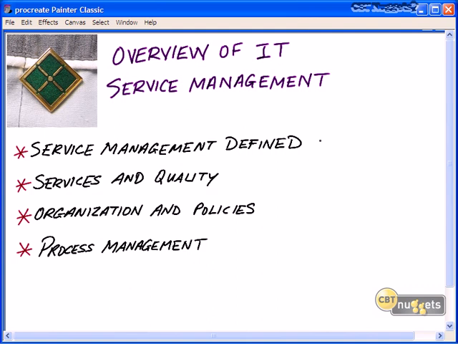And quality management and process control are going to make up a huge chunk of the organization and its policies. ITIL is the best known approach to IT service management. And in this nugget, we defined service management, we looked at services and quality, organization and policies, and then we finished up looking at process management.